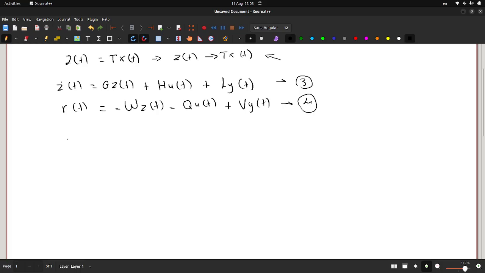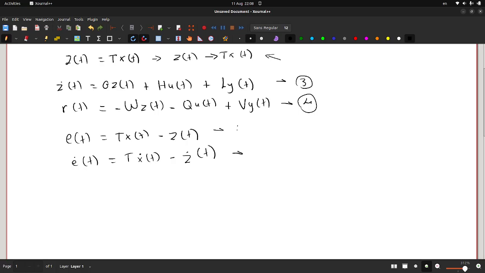So we have the error signal e of t equal to Tx of t minus z of t, and its derivative e dot of t equals Tx dot minus z dot of t. And this is equation number 4 and this is 5.